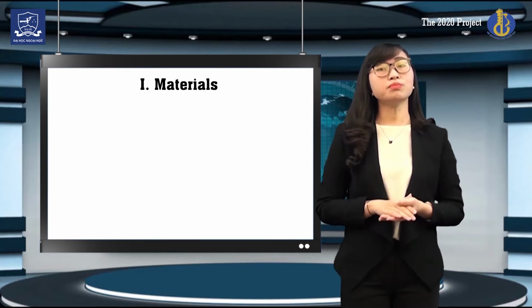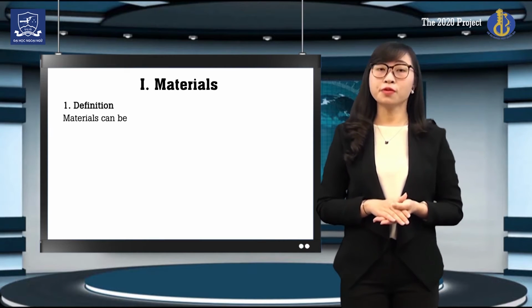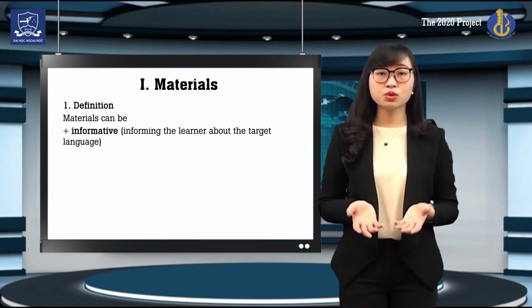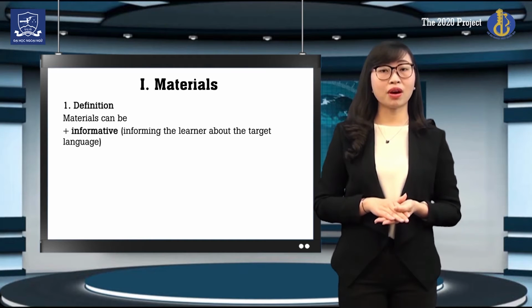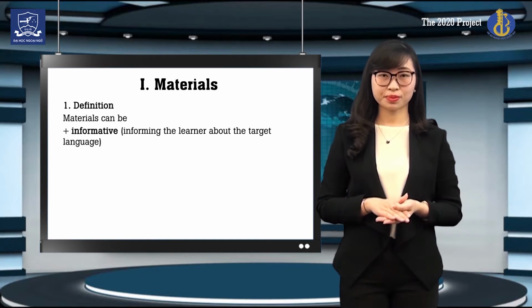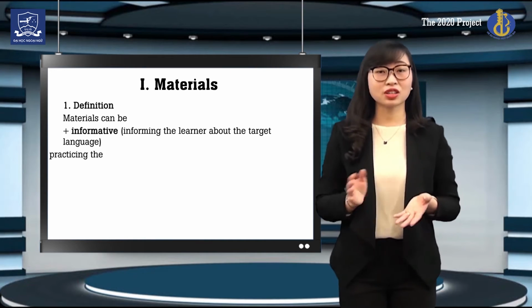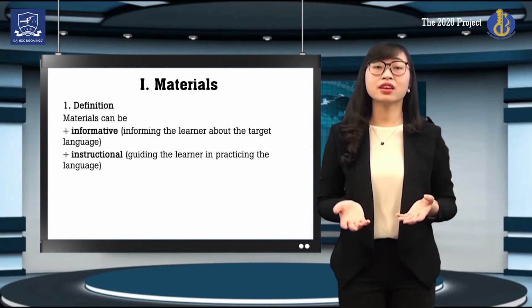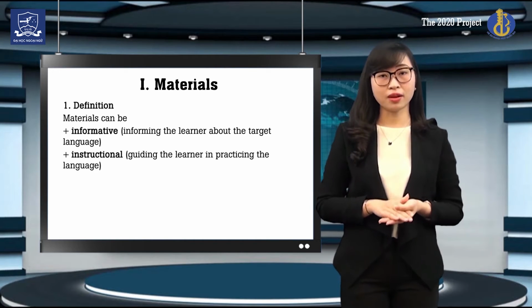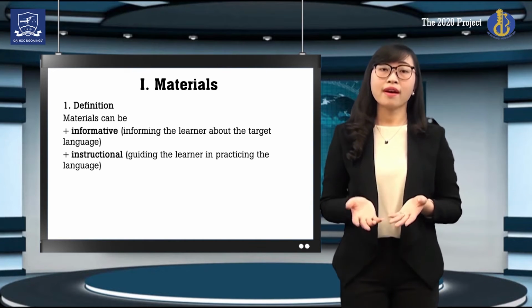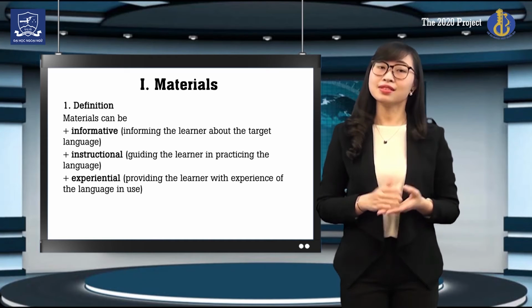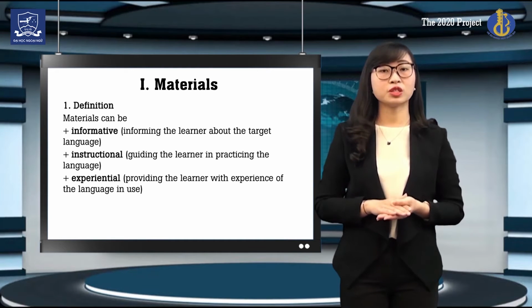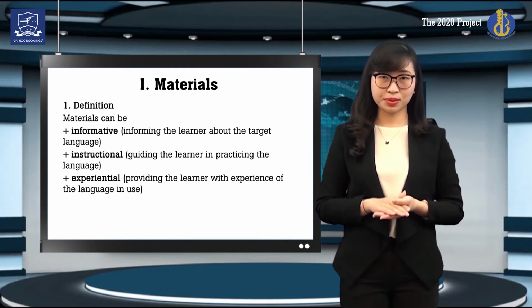Materials can be informative because they are used for informing the learners about the target language. They can be instructional as well because they guide the learners in practicing the language, or experiential as they provide the learners with experience of the language in use.